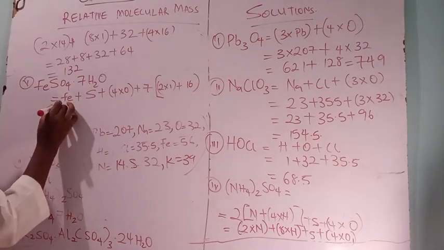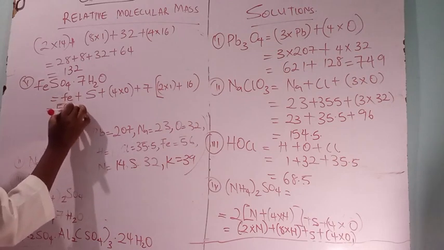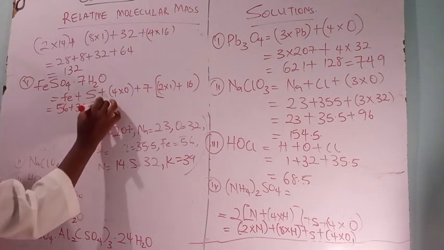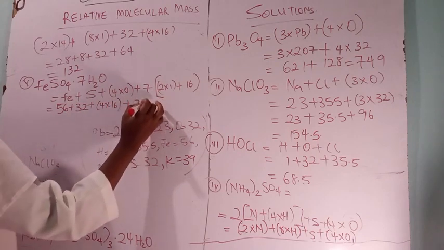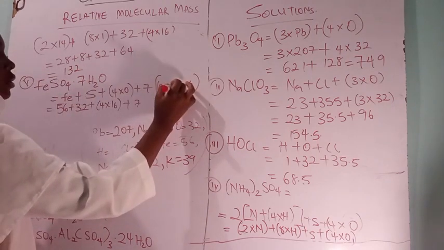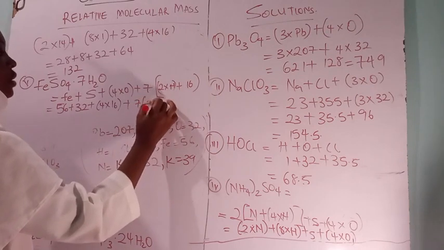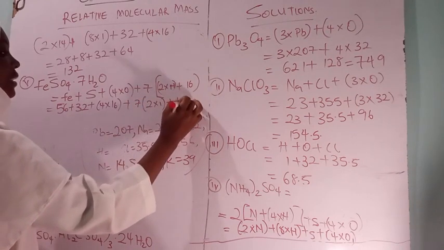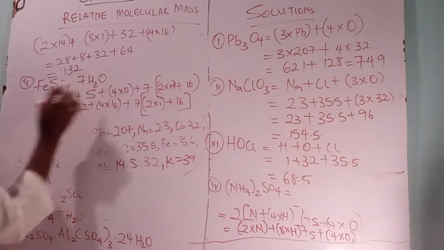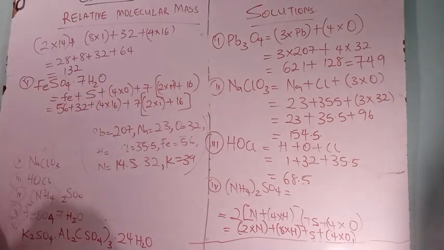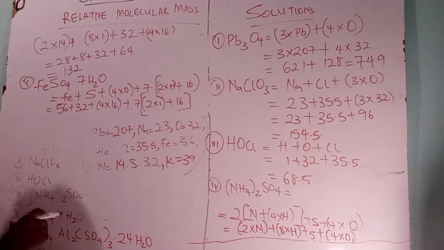That gives us 56 plus 32 plus 4 times 16 plus 7 into bracket 2 times 1 plus 16. You know, this 7 is affecting oxygen and hydrogen all together, isn't it?